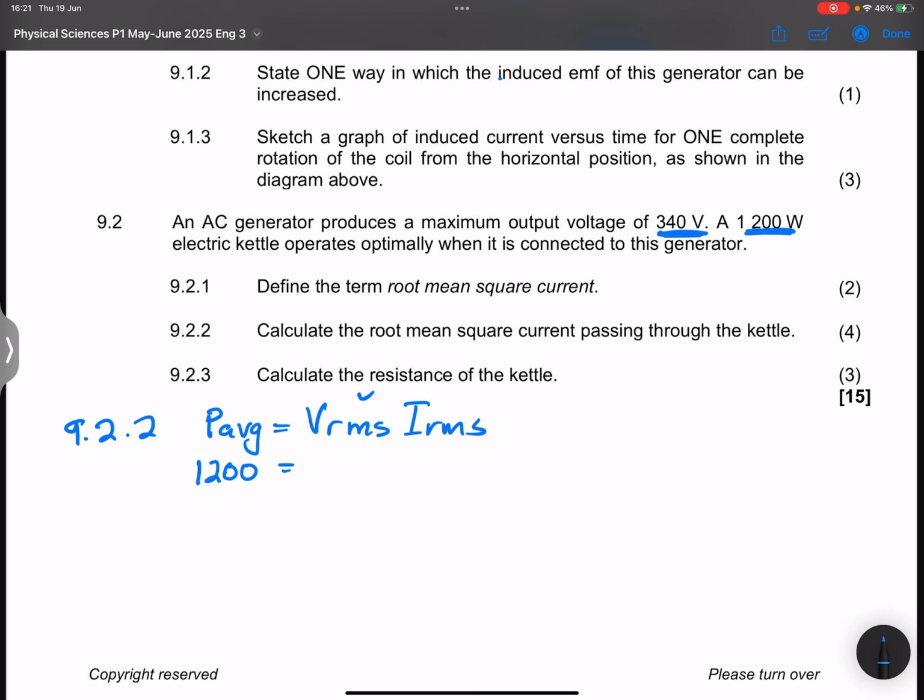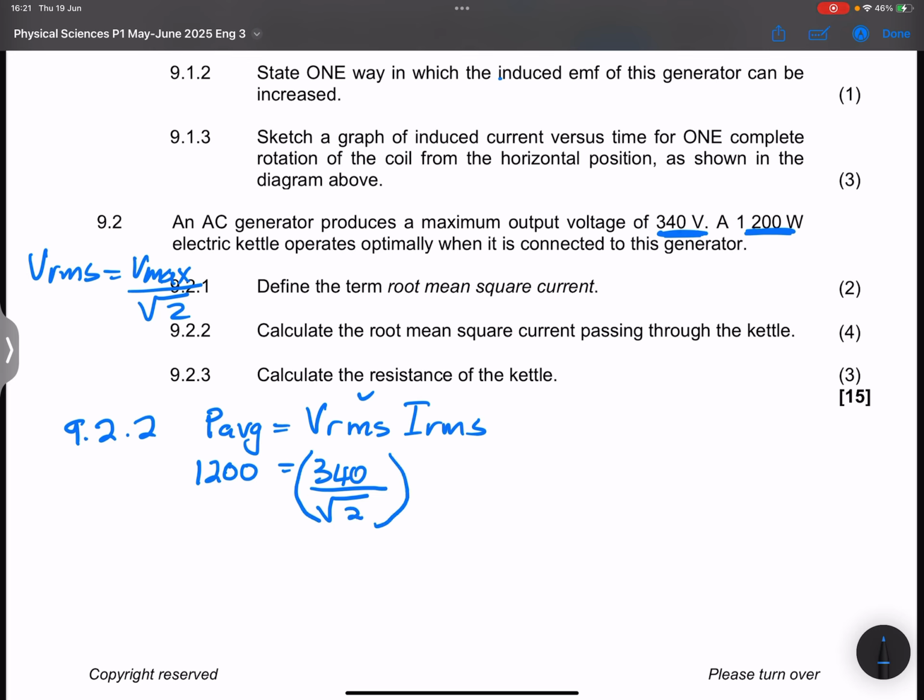I'm given the maximum voltage. So how do I convert that to VRMS? Remember that VRMS is Vmax, the maximum voltage, divided by square root of 2. So that's going to be 340 divided by square root of 2. That's my RMS value of the voltage.